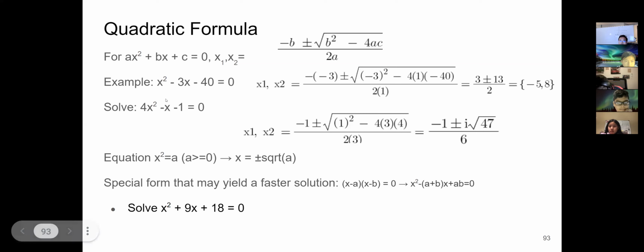Specifically, in this example, x squared minus 3x minus 40, if you just use this formula, you get 2a in the denominator, negative b, which is 3, plus or minus the square root of 3 squared minus 4ac, and you can get the result. So 2 in the denominator and the numerator would be 3 plus or minus 13.